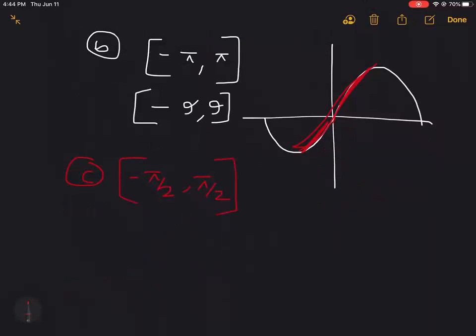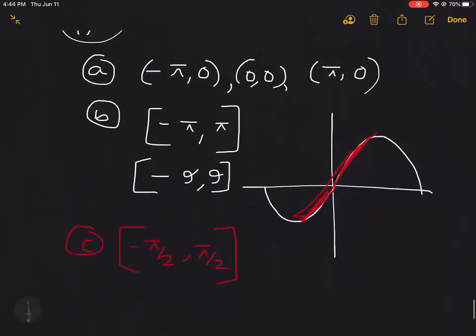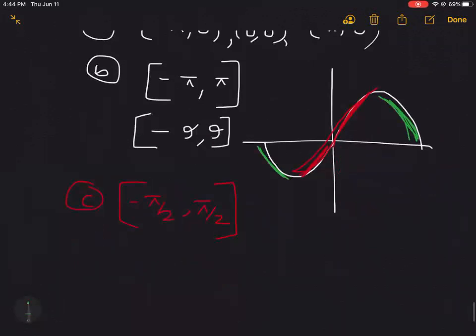Okay, similarly, we can see the interval where it's decreasing as well. It's definitely decreasing here. It's definitely decreasing here. So I think it's negative pi, negative pi over 2, 0, pi over 2, and pi.